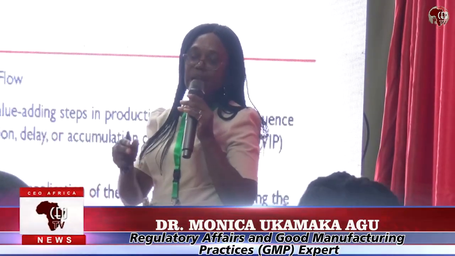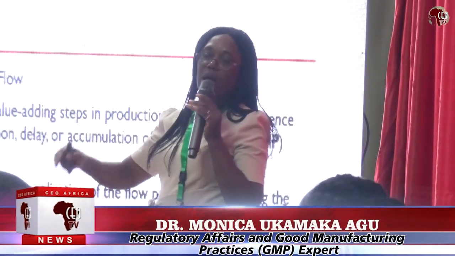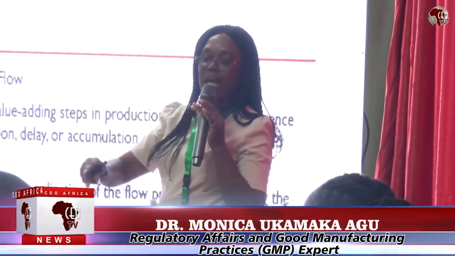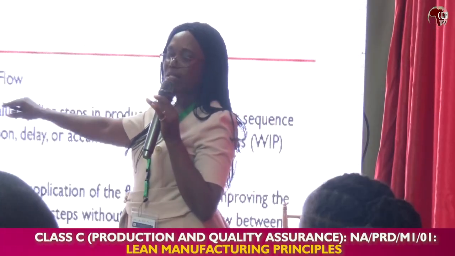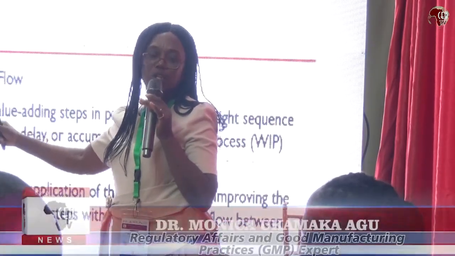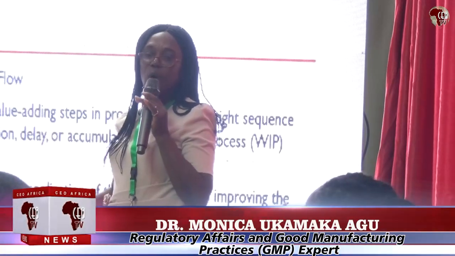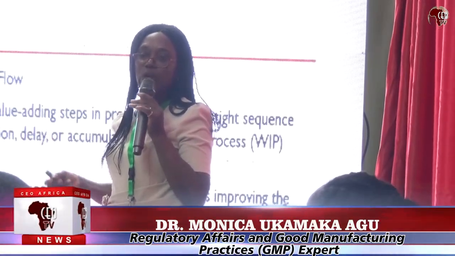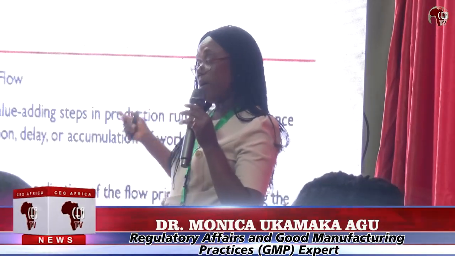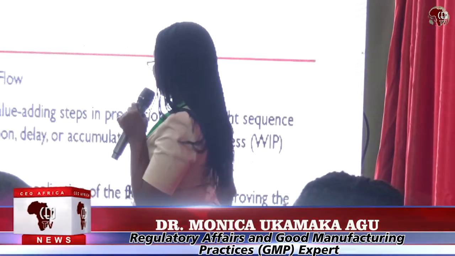Instead of waiting, a set of people can be assembling all that you need for the next product, so that as soon as you finish your line clearance, you'll be able to transition into the next product within a short period of time. So these are areas that you need to look into to reduce waste when you are implementing the lean system.